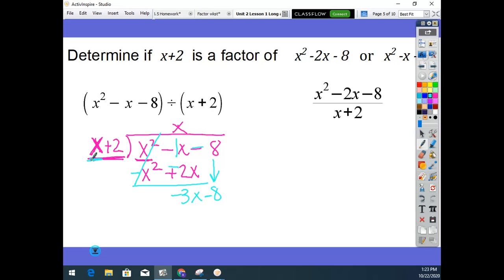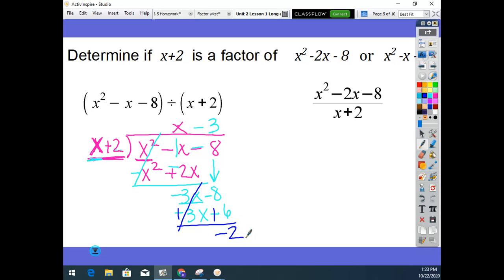What do I multiply x by to get -3x? -3. -3 times x is -3x. -3 times 2, -6. When you draw the line, change the signs.